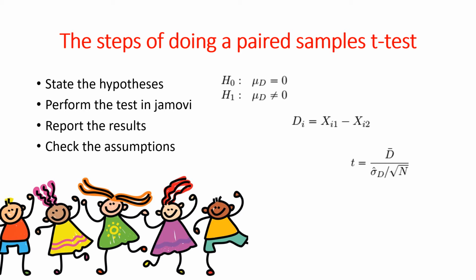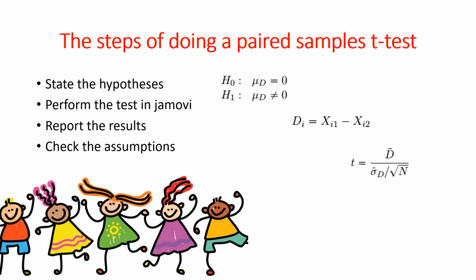Just like any other test, you need to have a hypothesis, and then you also need to have a criterion, which is the alpha level, which is 0.05 in our studies most of the times. And then I put also some equations here, how the t-score is calculated in a paired sample t-test.